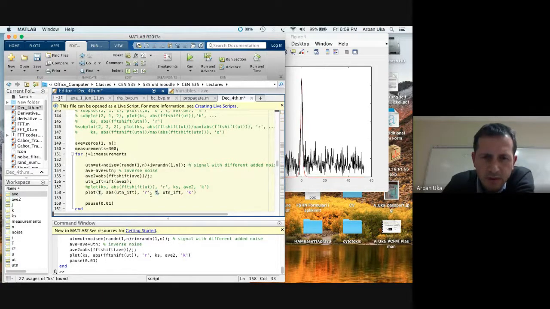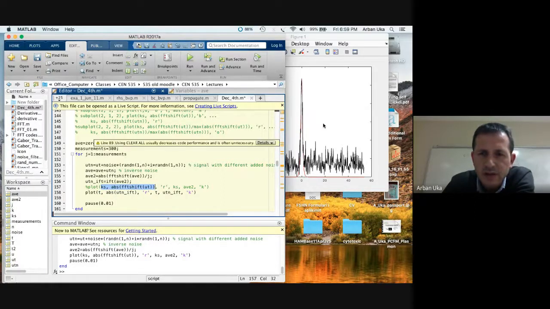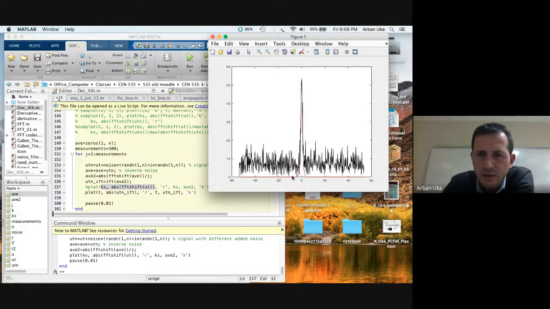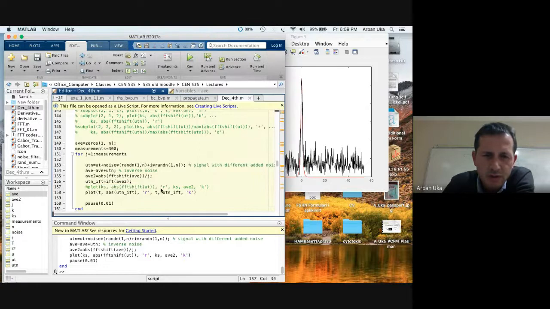It should be time, because actually this, the absolute of FFT of shift of UT, is the red signal, which is the signal without the noise. So we have plotted two signals on top of each other. And here, let's plot time and the signal, which is Fourier transformed with noise in the Fourier domain, inverse Fourier transformed to get it back to the real domain. But then here, I guess we have to plot some other function. We have to plot just u.